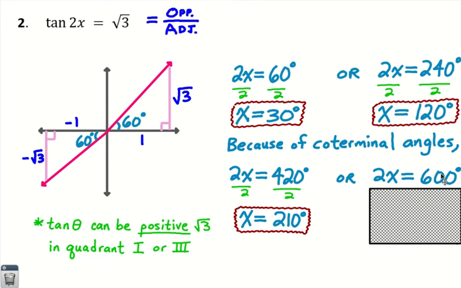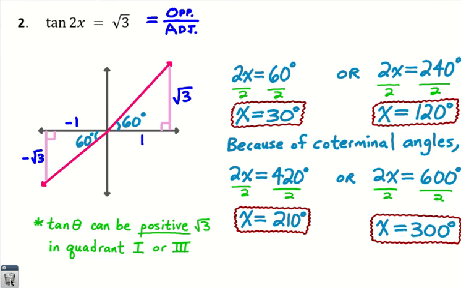Now I know, again, 600 is too big, but when we divide both sides by 2, because we just care about x, not 2x, we get x equals 300, which is a legitimate, good, fourth answer. It's another legitimate answer. So we have 4 answers, okay?